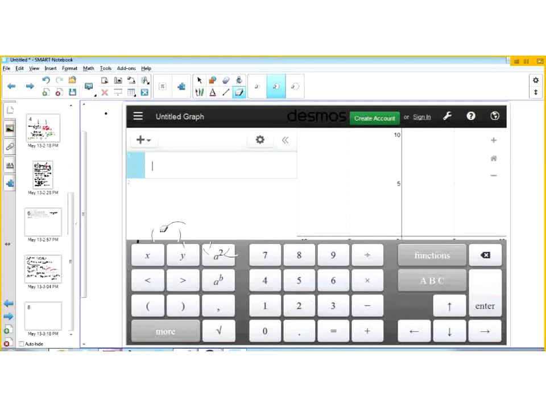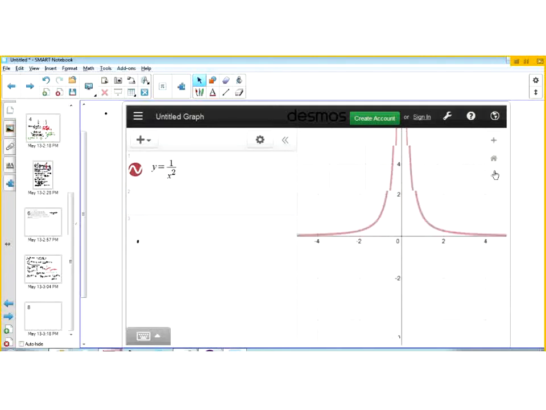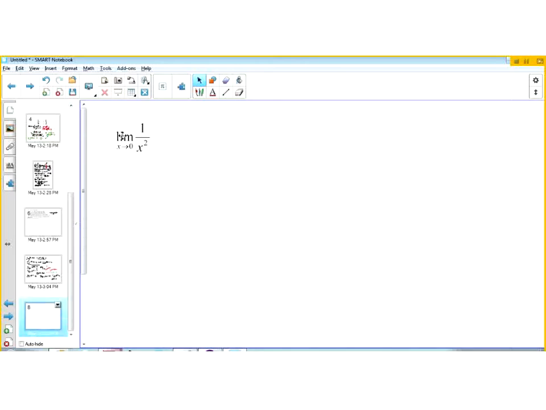This is another problem, so I can erase all of this. And I want to graph the function y equals 1 over x squared, and it's shown in red here. And so the question is, what is the limit?